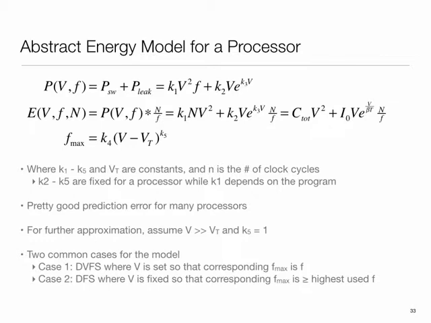The other thing is, like I said, for a given voltage, there's going to be an allowable frequency. Okay, you cannot exceed that, and so F max is the maximum frequency you can run it at. It doesn't mean that you are indeed running it at that, but it places an upper bound on F. So it looks like this, where again there are a couple of coefficients out here.